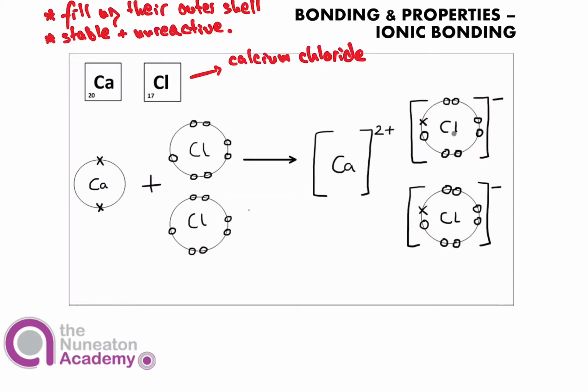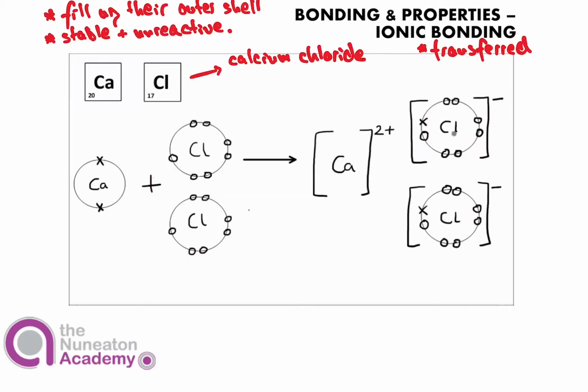Now, what we need to get our heads around is that ionic bonding occurs because electrons, valence electrons in the outer shell, are transferred. So they are transferred. They're not shared like in covalent bonding. They're transferred. They're moved from one atom to another.